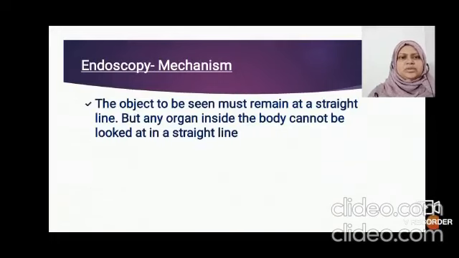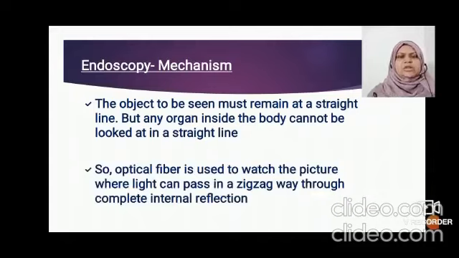The object to be seen must remain in a straight line, but any organ inside the body cannot be looked at in a straight line. So, optical fiber is used to watch the picture, where light can pass in a zigzag way through complete internal reflection.